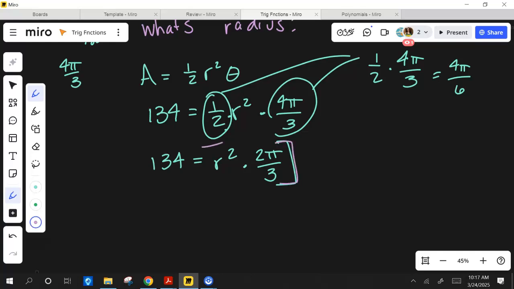That's okay. You'll come back to the same thing. You just got an extra step on us. How do I get rid of a fraction that's being multiplied? I multiply by the reciprocal. So I flipped it.